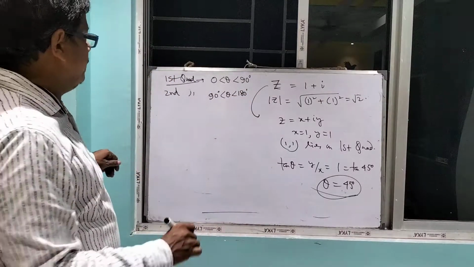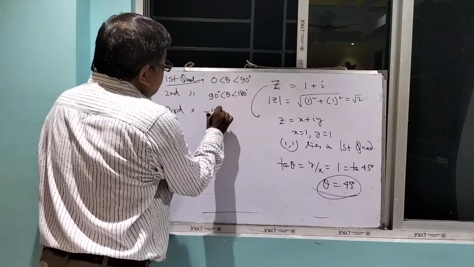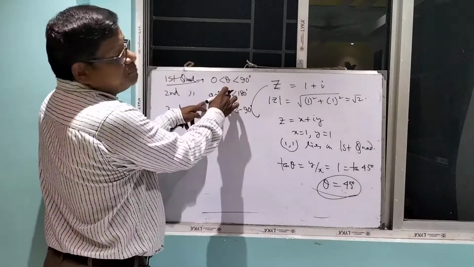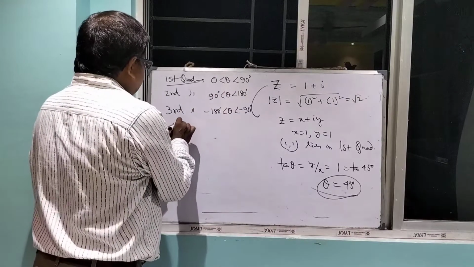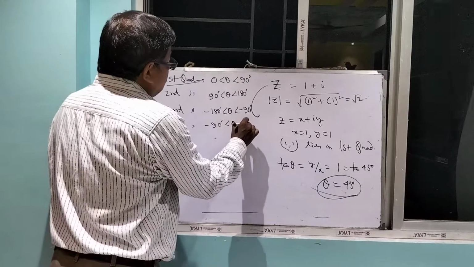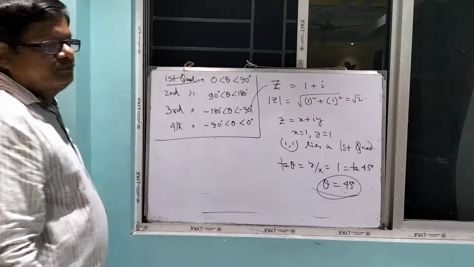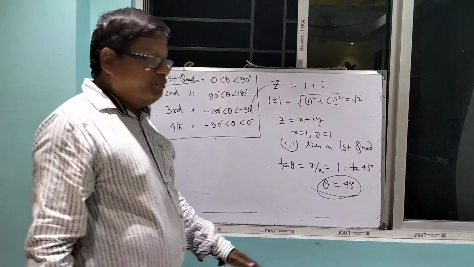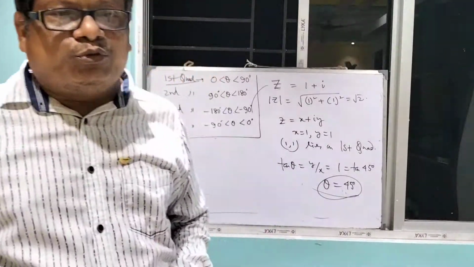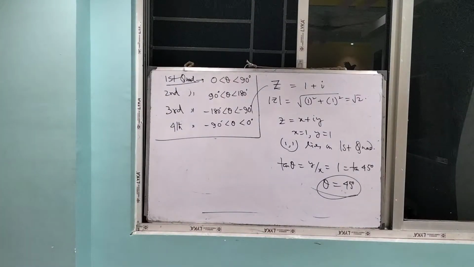For the third quadrant, minus 180 degree less than theta less than minus 90 degree, the sign is interchanged to negative. And for the fourth quadrant, minus 90 degree less than theta less than 0 degree. All of you remember this part only. If you remember, you can easily solve the argument or amplitude of a complex number. Note it down.